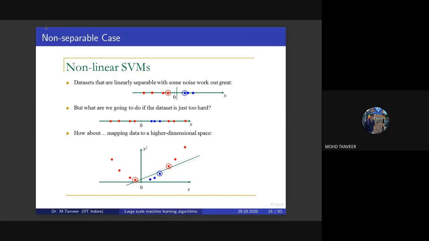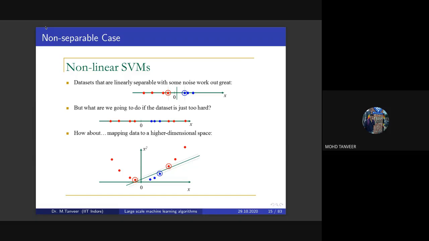You can see this example. We have very simple data where we have red dots and blue dots, and we can classify this data nicely. We just draw a line between red and blue and we can classify. There is no problem.